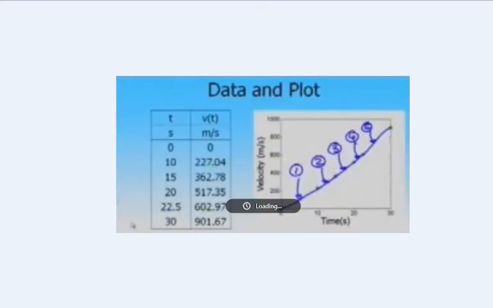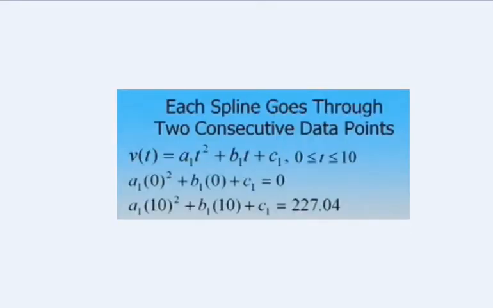And similarly for a2, we're going to put 10 and then 15. Sorry, for a1, we have to put 0 and 10. For a2, we have to put 10 and 15.